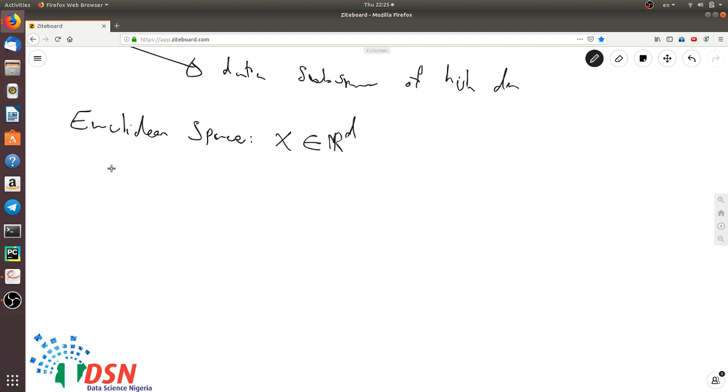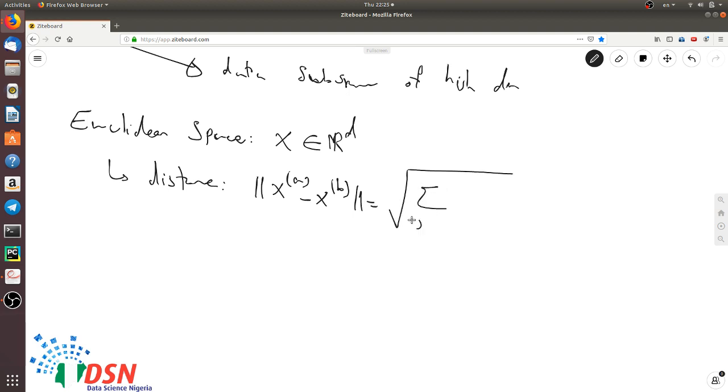For Euclidean space, we know that the distance between two points XA and XB is the square root of the sum over all dimensions of the difference squared.